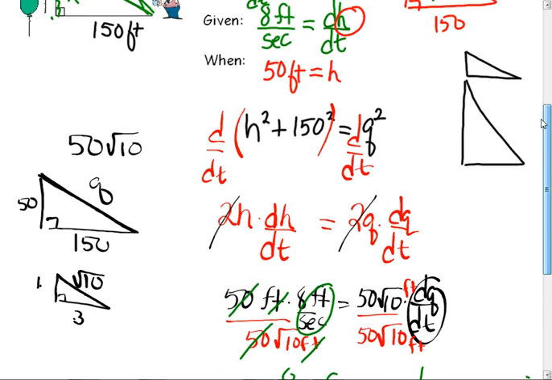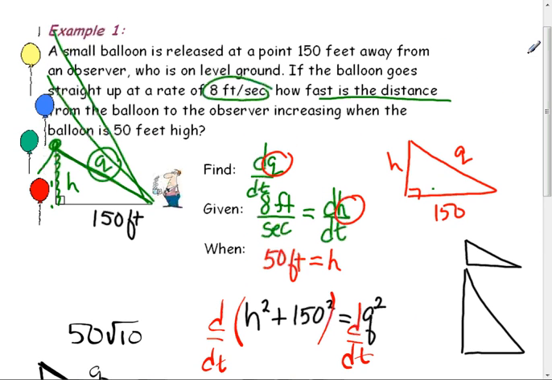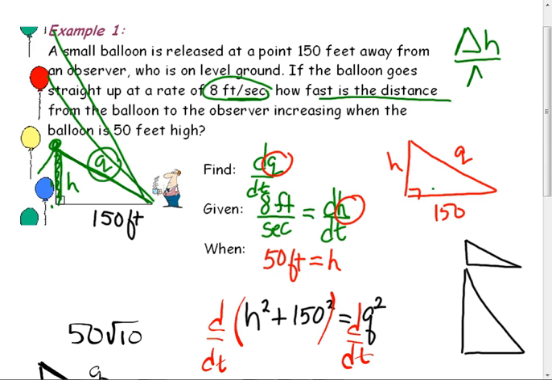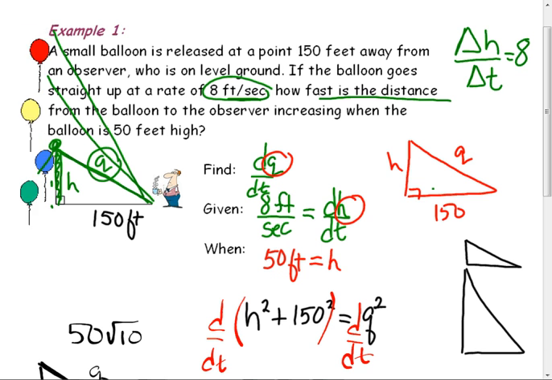Because it said in the problem that the balloon is going up at a rate of 8 feet per second. So that's the change in h as time changes. You want to think of it as change in h over the change in time. That's 8. But we're going to do this instantaneously. That's why we have to have a little d instead.